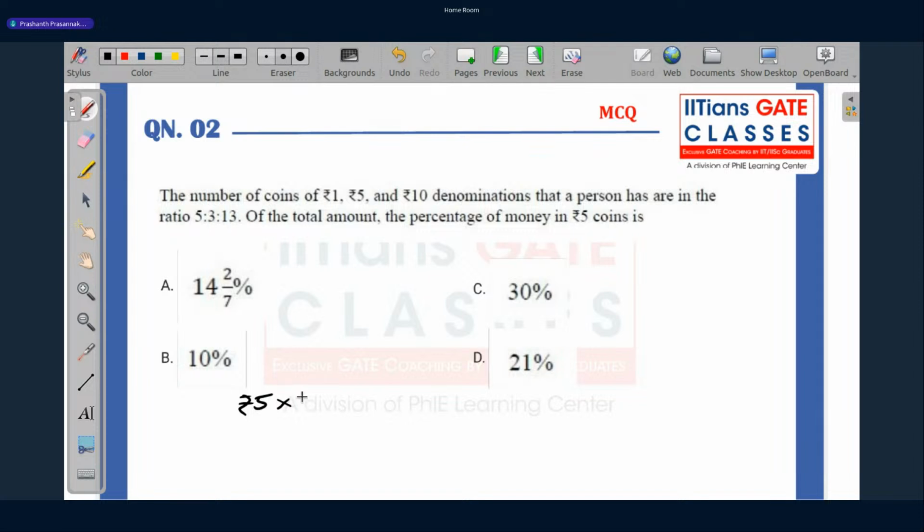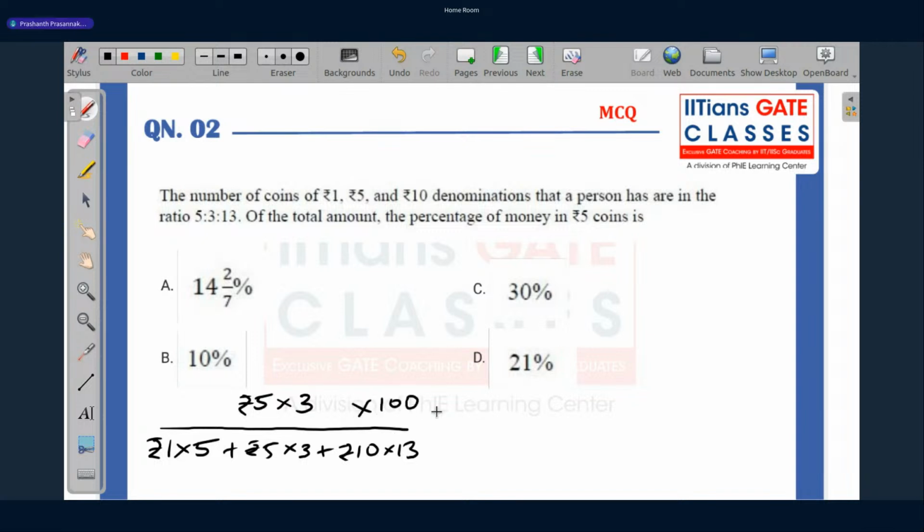So we multiply it by 3 divided by the total. We have 1 rupee, which has to be multiplied by 5, plus 5 rupees, you multiply this by 3, and the remaining is 10 rupees, you multiply this by 13. And for percentage, we simply have to multiply by 100.